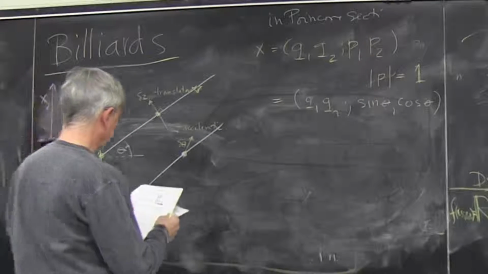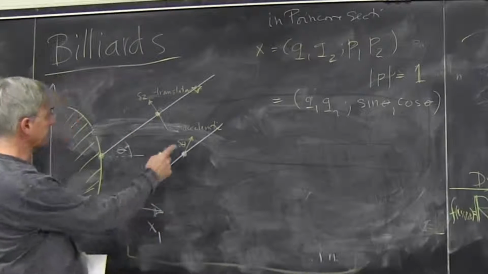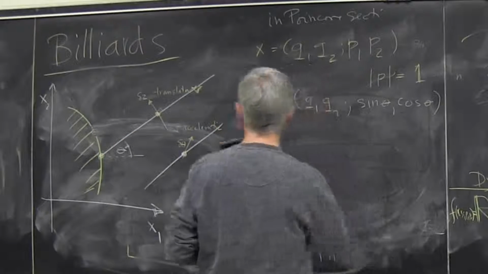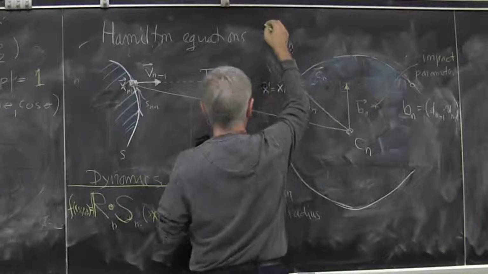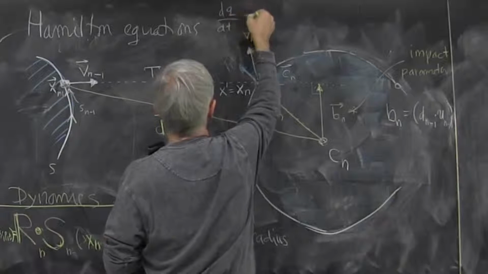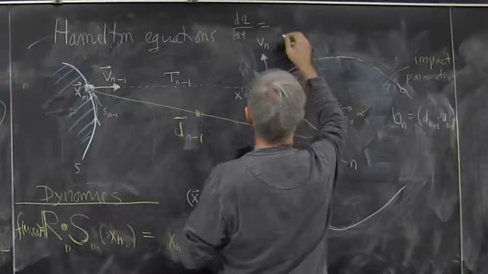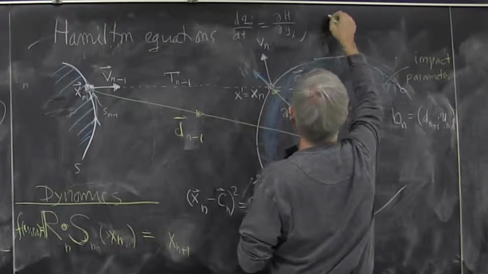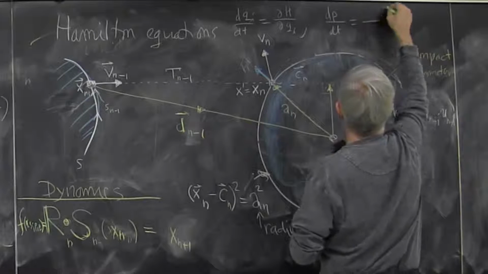So let's just do first the free flight and study what happens to small perturbations. That'll give us the Jacobians. So free flight, the Hamilton equations for this particle: time change of q is p, and time change of momentum, acceleration, is minus the gradient of the potential.